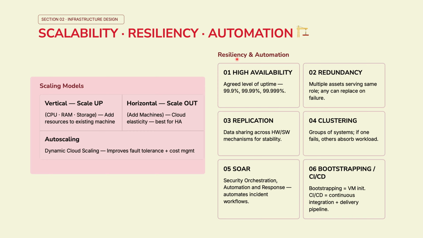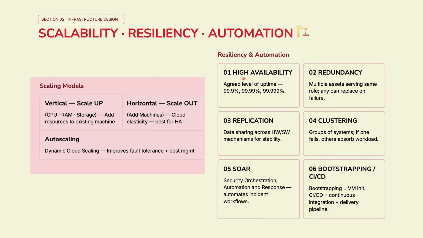Now, next, I want to make sure that you understand resilience and automation. When we look at high availability, there's redundancy, replication, clustering, SOAR, bootstrapping, and CI/CD. Let's first look at high availability.